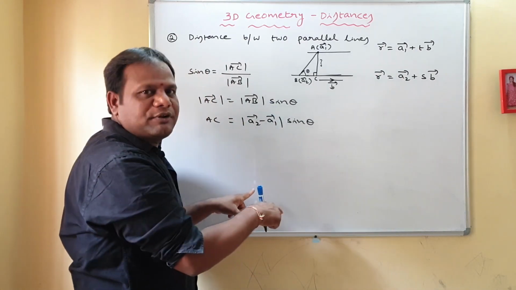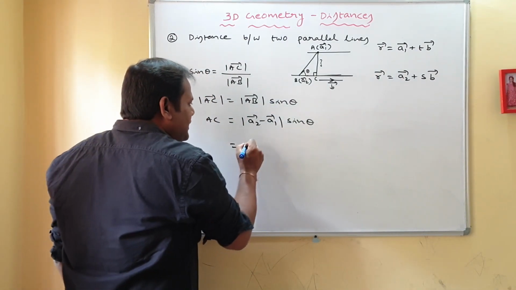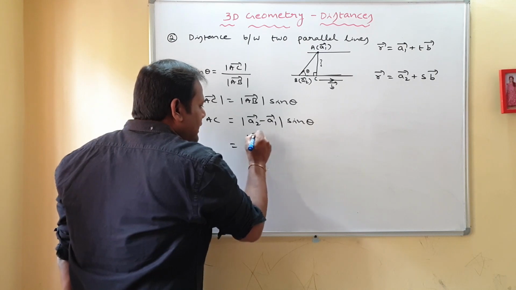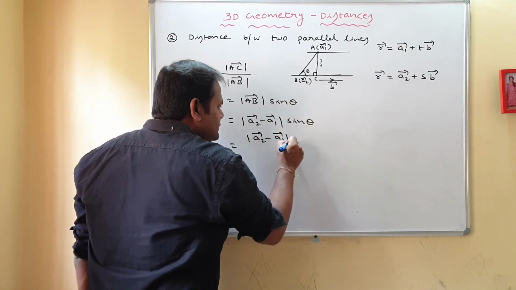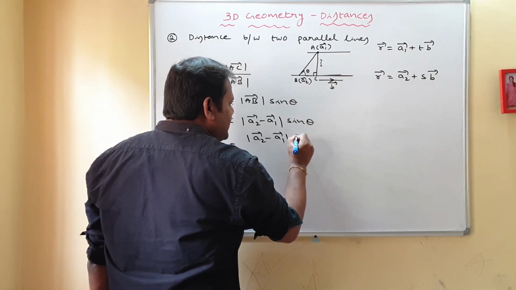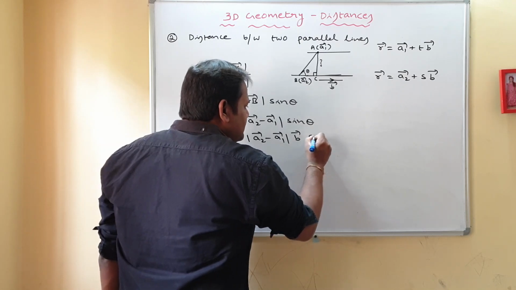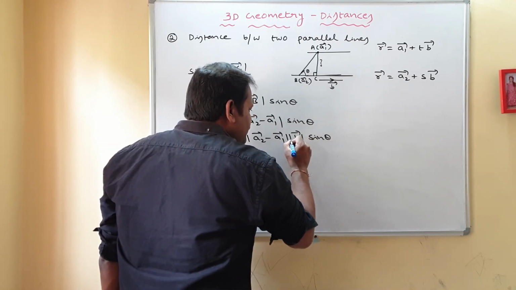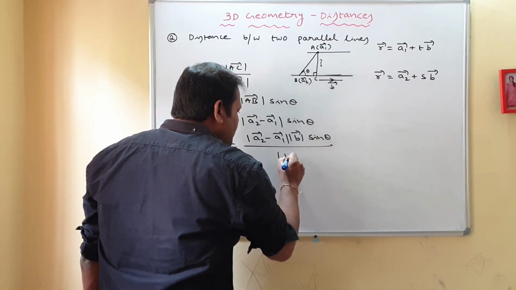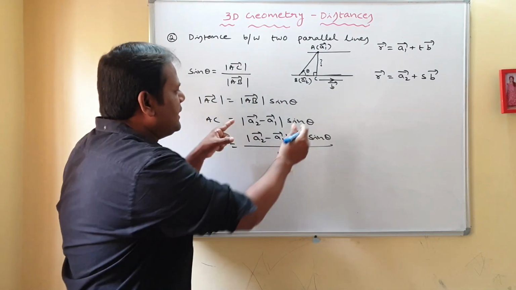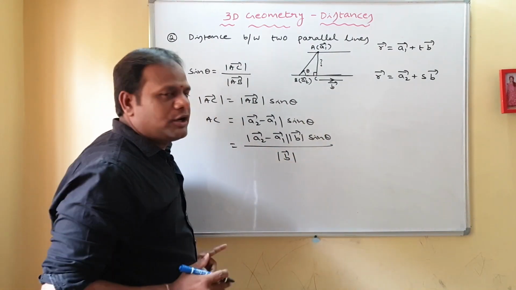Still we can do the simplification here. Multiply this with mod b bar and divide by mod b bar. So mod a2 bar minus a1 bar, mod b bar sine theta by mod b bar.